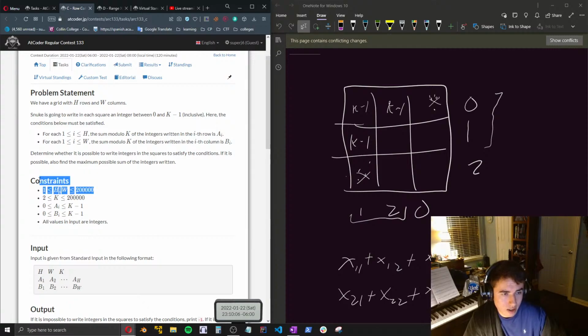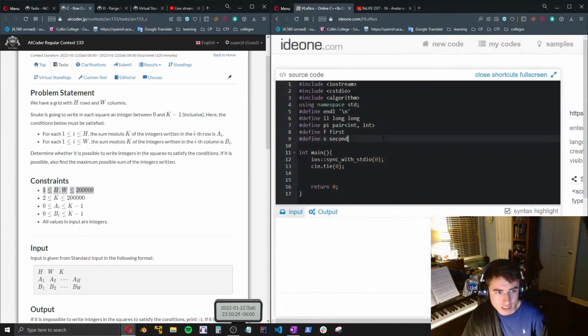If n or m is 1, then obviously the thing is uniquely determined. Otherwise, we have a bit of... oh no, we're going to try coding this first and hope for the best.